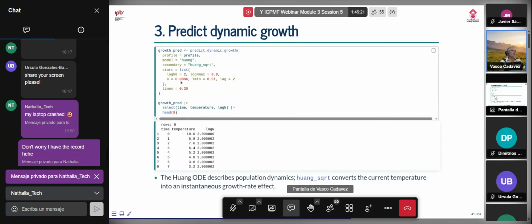Okay, so if you run this code, then you will have the output, and in this case, I'm just selecting a subset of the data by time, temperature, and log n, and I'm showing you the first 8 lines. Okay, so these are the data that we simulate.